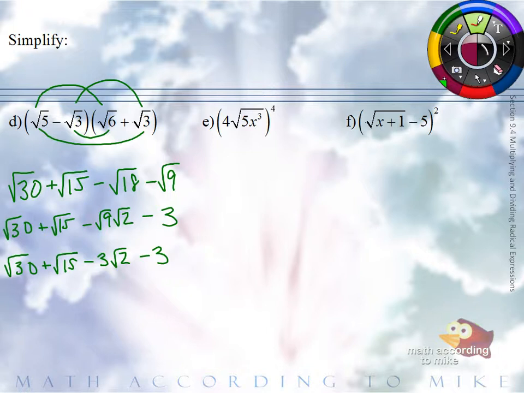E, we have a product to a power. So what does our exponent rule say to do? Raise each term of that product to that power.